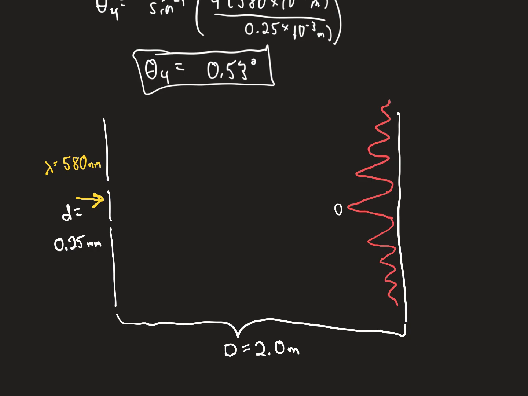So this is 0, 1, 2, 3, and 4. You need to find the height y4, and you need to find the height y3, and that will let you figure out what the difference is in those two heights. y4 minus y3.